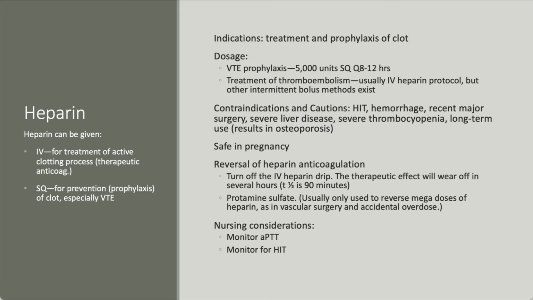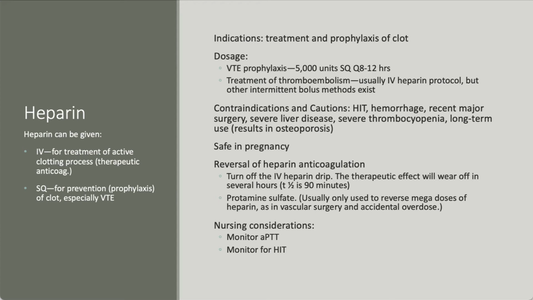Okay? So again, heparin is indicated for the treatment or prophylaxis of blood clots, right? DVT mostly, or if they already have a clot in the coronary artery or wherever, we're going to use heparin to minimize that. We have a prophylactic dose of 5,000 units sub-Q every 8 to 12 hours, but that is not a therapeutic dose.